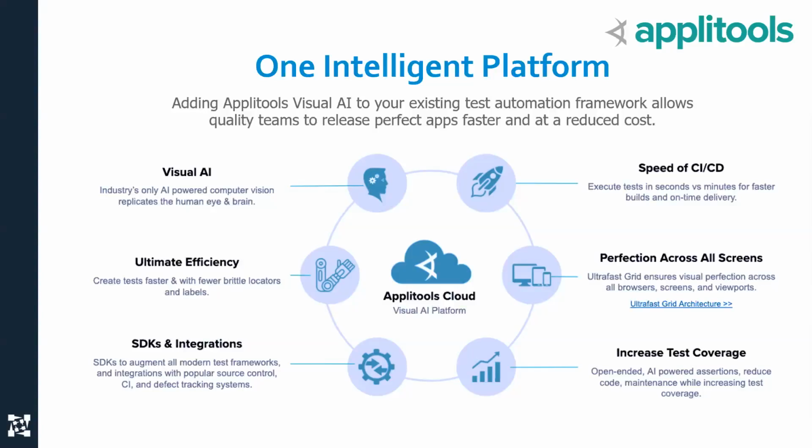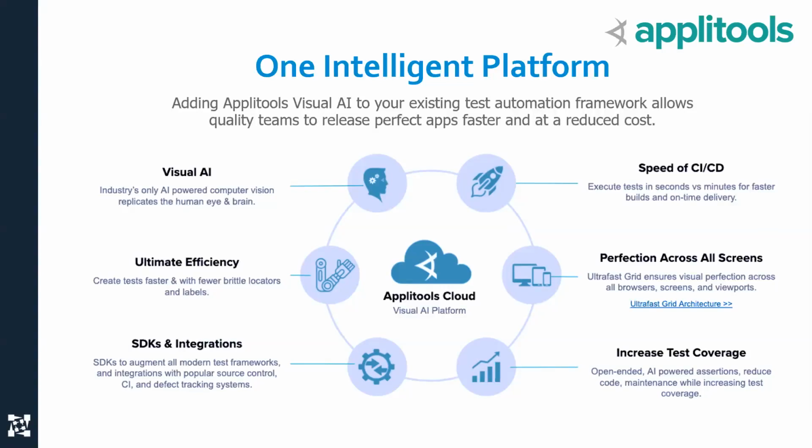Now, naturally, you still need locators to drive the browser, right? But when you combine that with the power of Parasoft self-healing in Selenium, that will help tremendously. So you're essentially stamping out all brittle locators when you combine these two solutions. From an SDK perspective, we have native integration with Parasoft Selenium, but we also have SDKs that support all modern test frameworks.